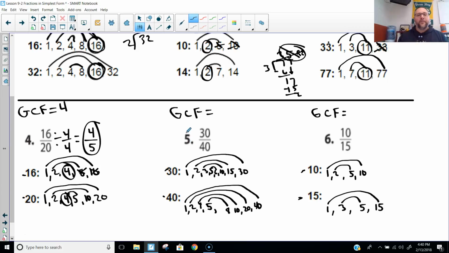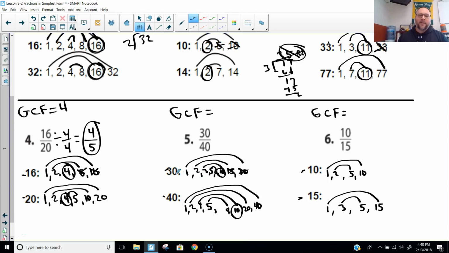Go to number 5. I made my factor rainbows again. So I look at 30 first, since it's the greatest number in my numerator, and I don't see 30 down here. I go to 15, and I don't see 15 down here. I have 10 right here, and I do see 10 right there, so I'm going to circle my 10 there and my 10 there.